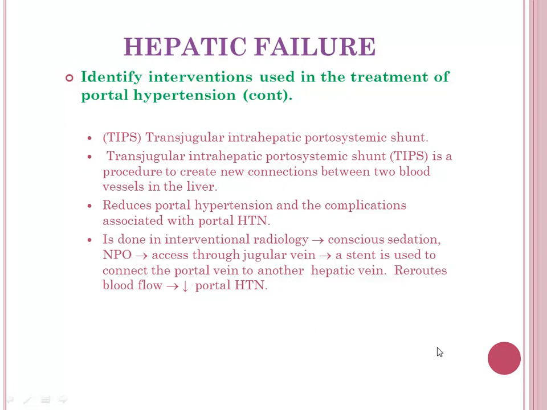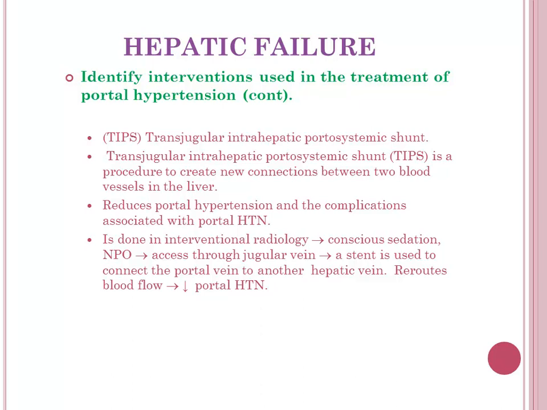the portal hypertension. Now, another intervention that's used in the treatment of portal hypertension is TIPS, and that's transjugular intrahepatic portosystemic shunt. This is a procedure, usually done in interventional radiology, to create a new connection between two blood vessels in the liver.